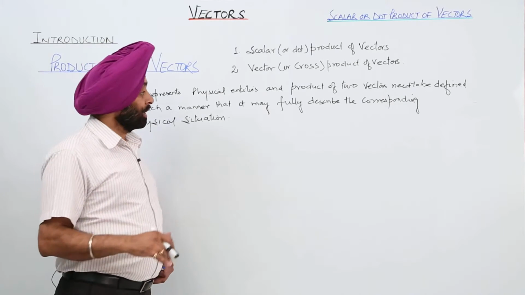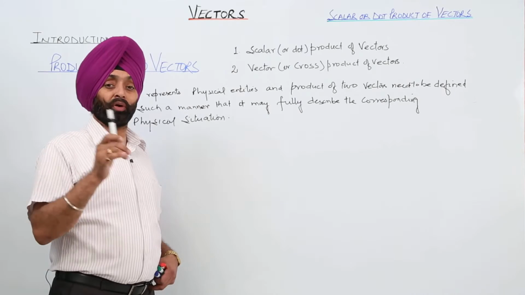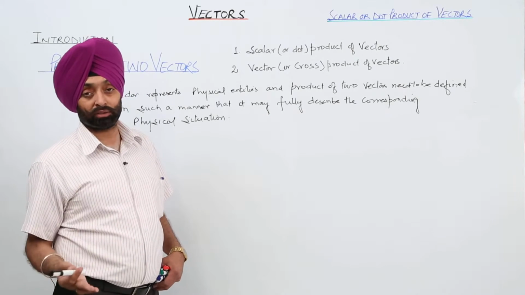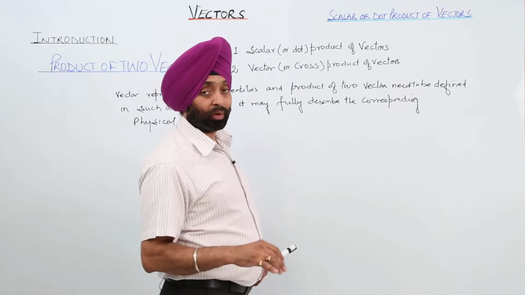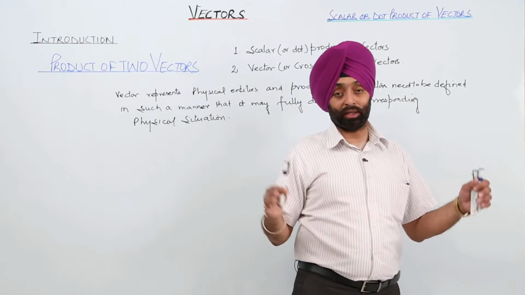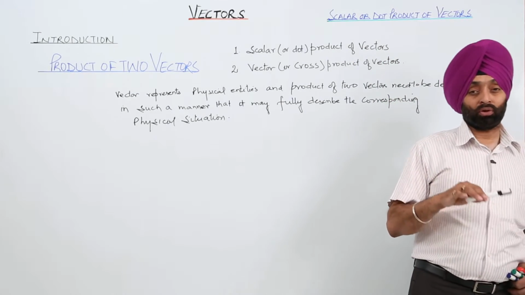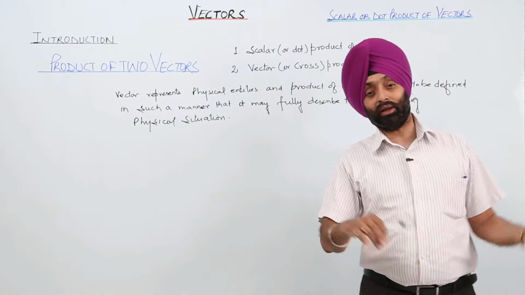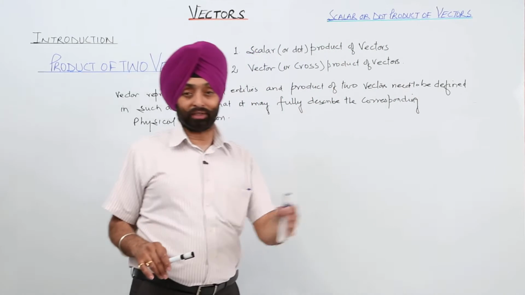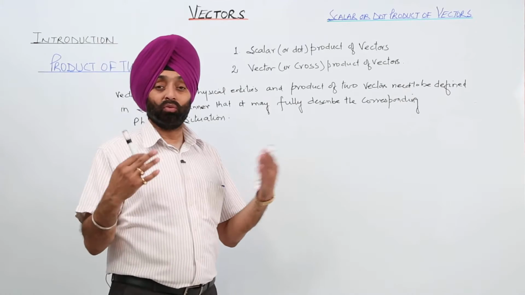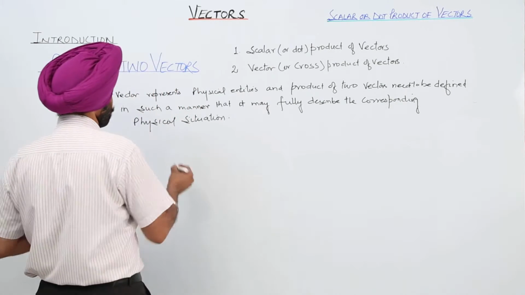So we went for the product of only scalars, not for any other things. But now in vector algebra, our main topic, we are going for the product of a vector and a scalar, and let's see what results we get.